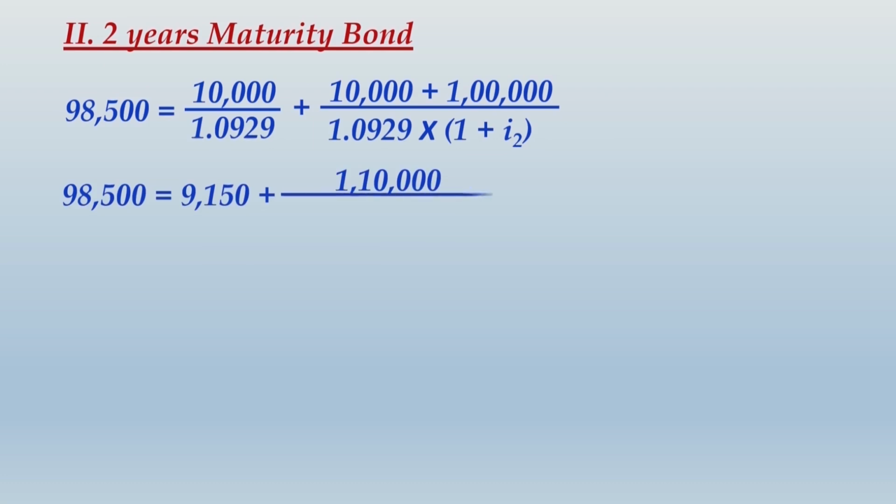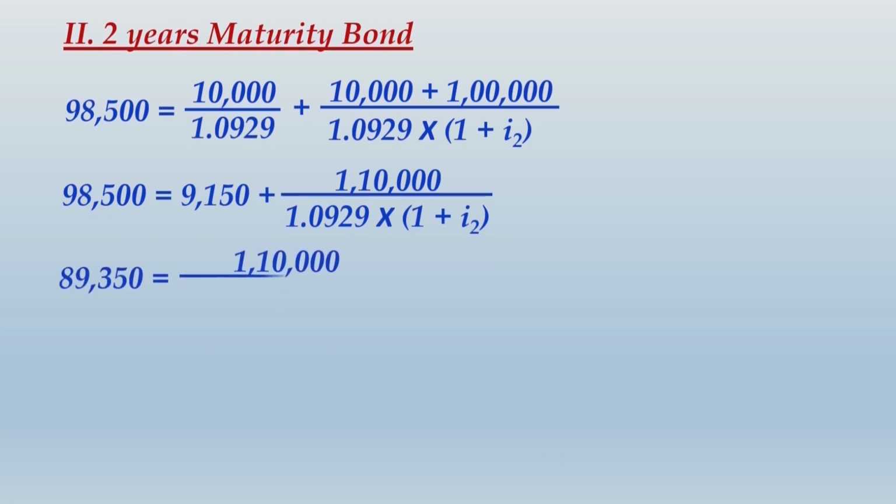So 98,500 in the left hand side as it is, 10,000 divided by 1.0929 will give you 9150, and the last term is 1,10,000 divided by 1.0929 into 1 plus I2. When you move this 9150 to the left hand side, it gets subtracted, and what you will get now in the left hand side will be 89,350 equals to 1,10,000 divided by 1.0929 into 1 plus I2.